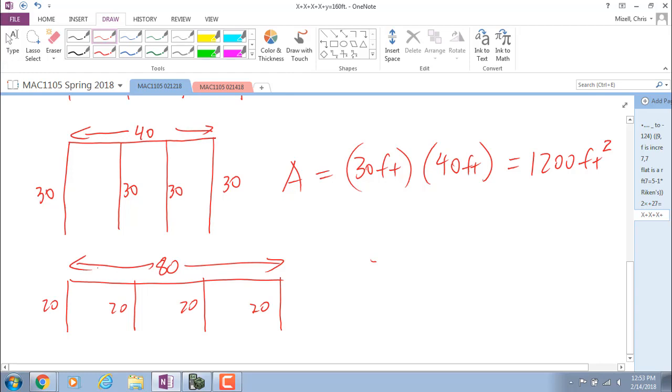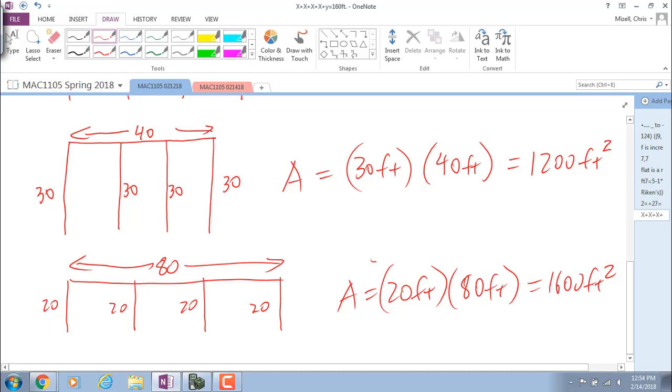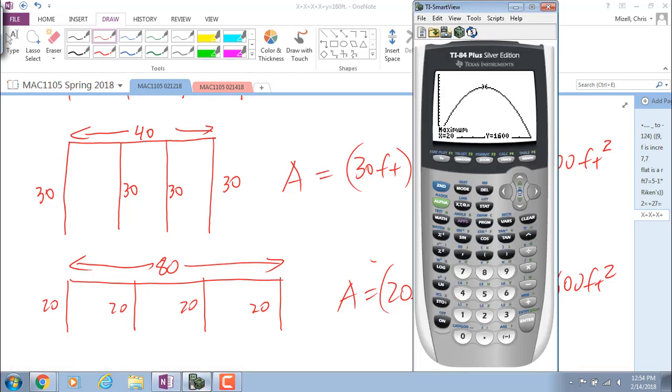It'll enclose 1,600 square feet, and that's the maximum area that can be enclosed. If we just make it 19 feet deep, it's going to be a little bit less area. If we make it 21 feet deep, it's a little bit less area. But if we go 20 by 80, we'll use all 160 feet of the rope, and that's the maximum amount of area that can be enclosed. A equals 20 feet by 80 feet, and that's 1,600 square feet. So we get that from the calculator in this case.